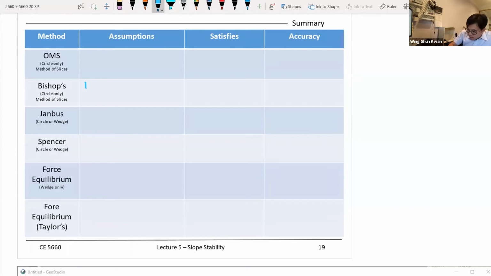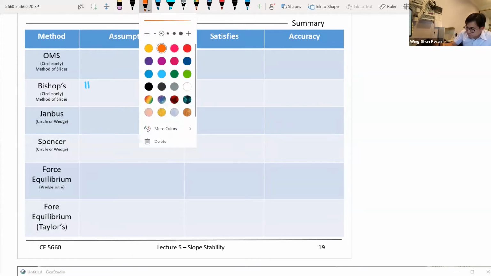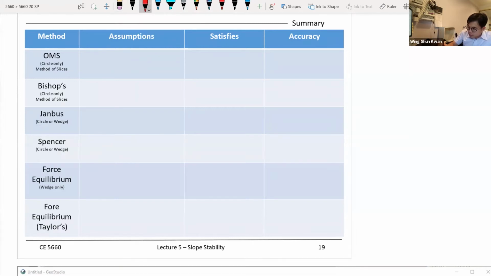We assume we have a horizontal slice force, and you satisfy the vertical equilibrium for each slice. Not only vertical, you also satisfy the overall moment.